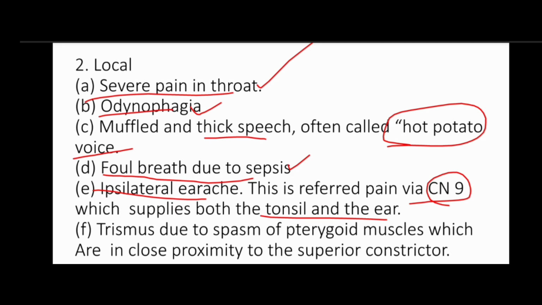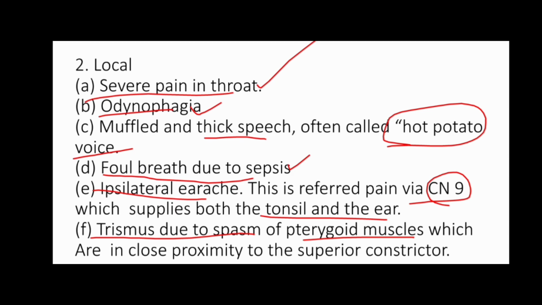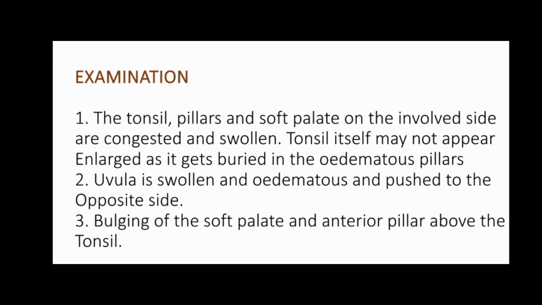And trismus. Trismus is due to spasm of the pterygoid muscles, which are in close proximity to the superior constrictor. Trismus means not being able to open the mouth. These are all the local features: severe pain, odynophagia, hot potato voice, foul breath, referred pain, and trismus.